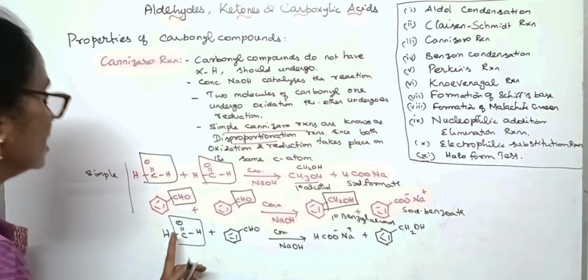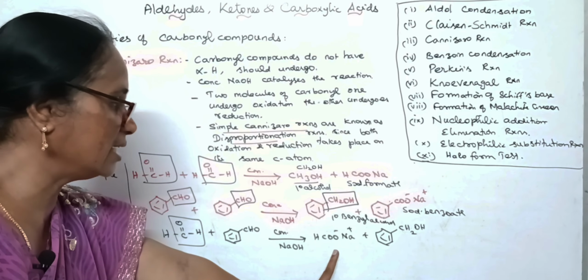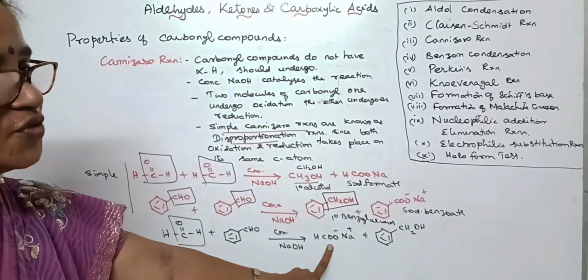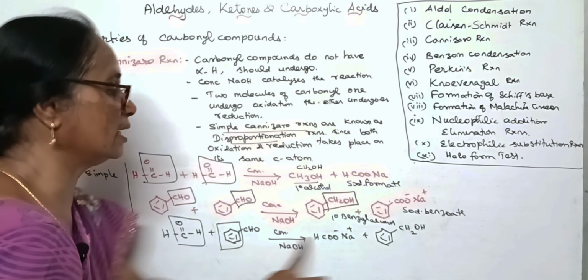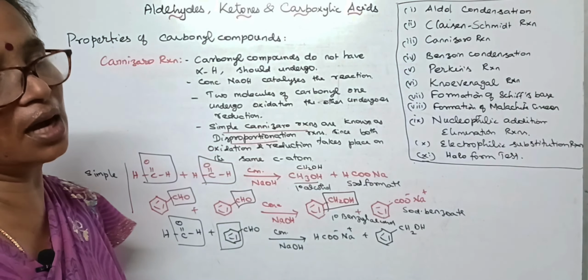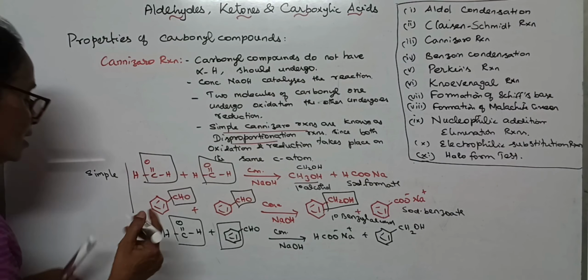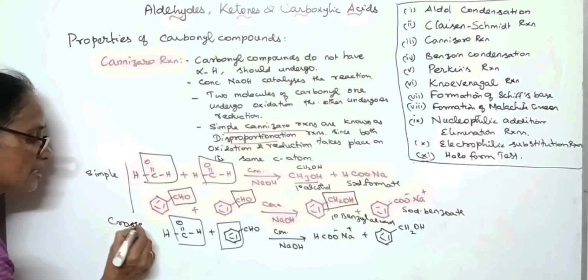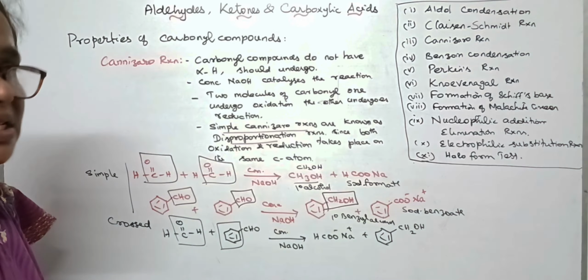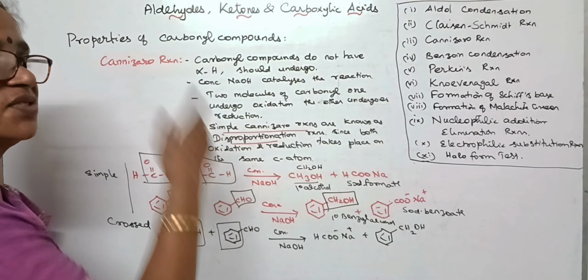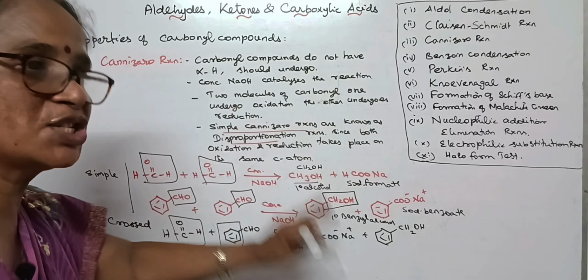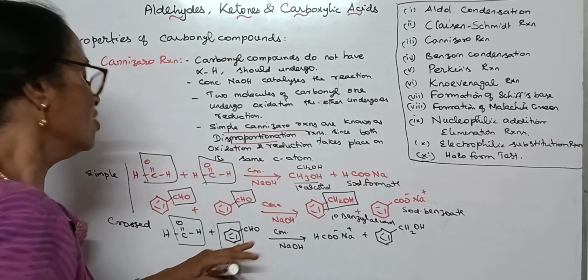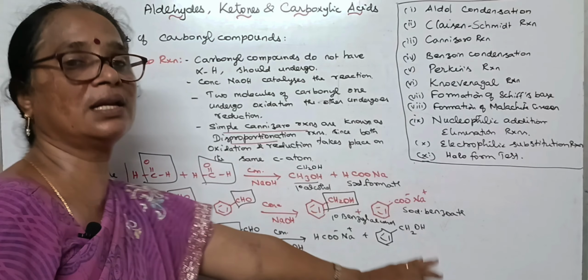That's why the simpler group is oxidized to the sodium salt of formic acid, and the bulky phenyl group is reduced to benzyl alcohol. So when you find the crossed Cannizzaro reaction, you have to identify first among the aldehydes which is the simpler one. That simpler one only should undergo oxidation, followed by the reduction of the bulkier one.